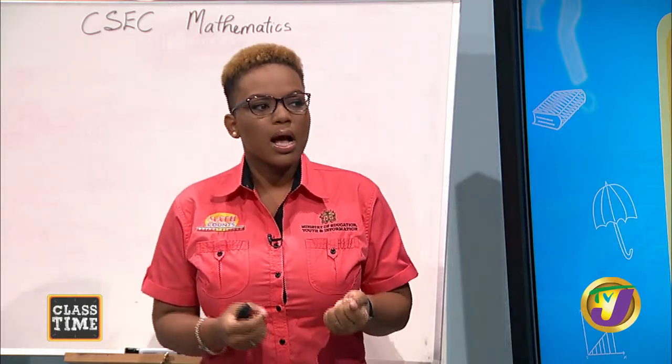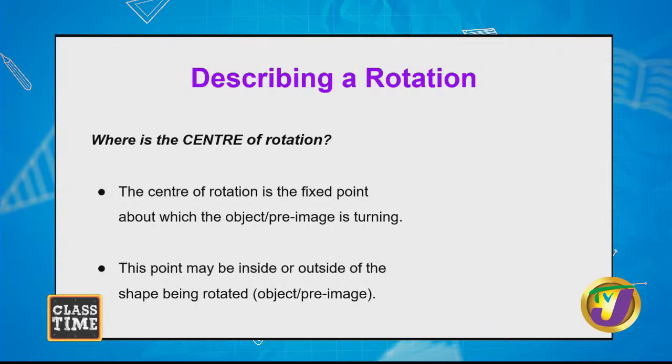Also, this point may be inside or outside of the shape being rotated. So the center of rotation can be inside of the object or pre-image, as you can see here, and as with the tiles we would have used a center of rotation inside the middle of the shape. This almost looks, though it's not, like a square, as we would have seen with the tiles, but we can see the same idea in this trapezium that is being rotated. The fixed point around which the rotation is taking place is inside this trapezium.